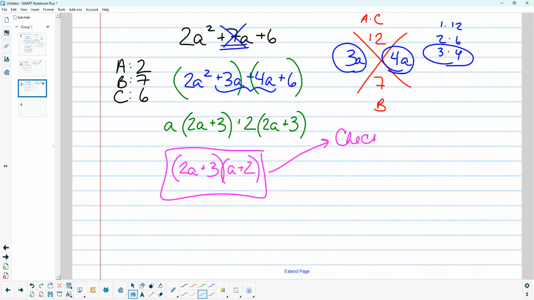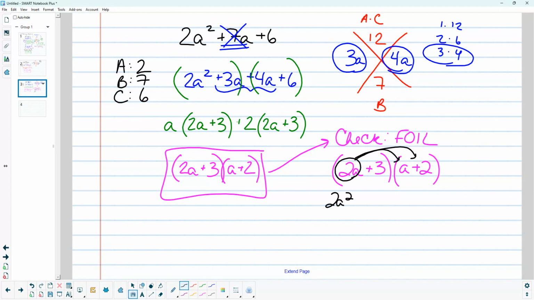Because this is important. As long as you know how to FOIL, you can check by foiling. So if you have 2a plus 3 times a plus 2, we can just FOIL this out. Remember, that's taking the 2a and multiplying by both terms in the second binomial. So 2a times a is 2a squared.